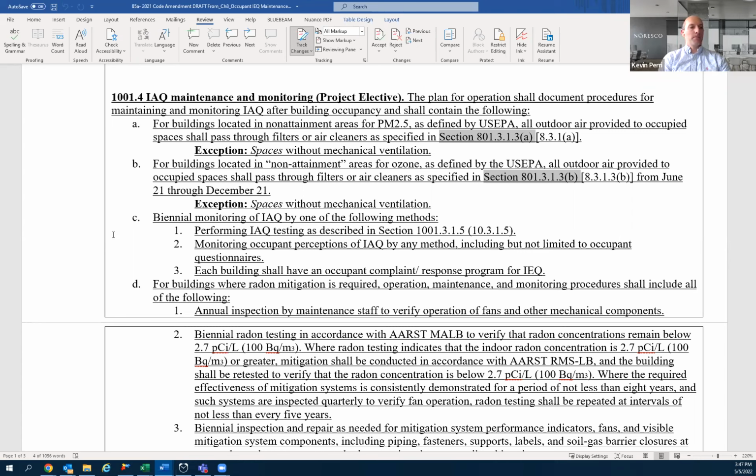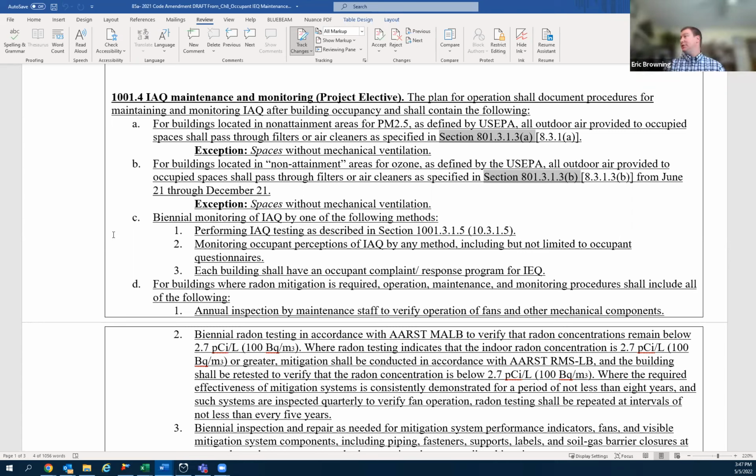Thank you, Mr. Moderator. In section 1001.4B, the last portion requires the filter from June 21st through December 21st in terms of air quality and temperature gradients in our area.